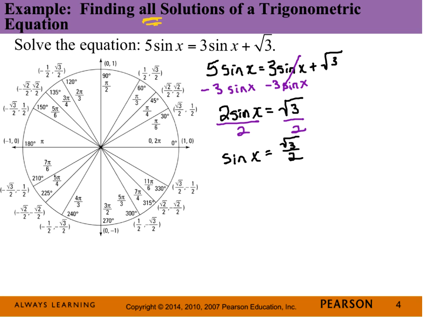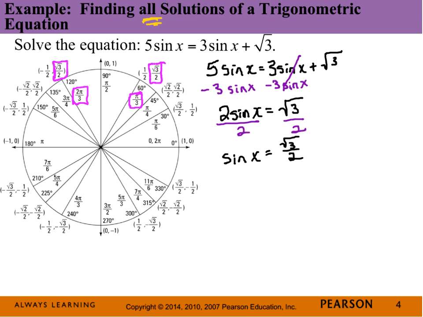So the y-coordinate is square root 3 over 2 when x is pi over 3. And when x is 2 pi over 3, we also have square root 3 over 2 as our sine of x.